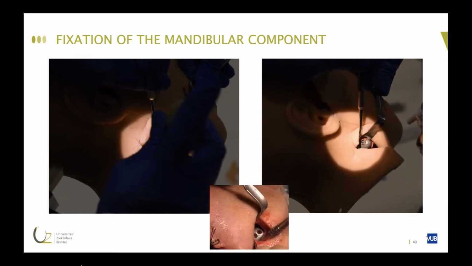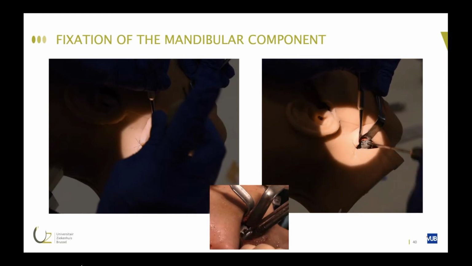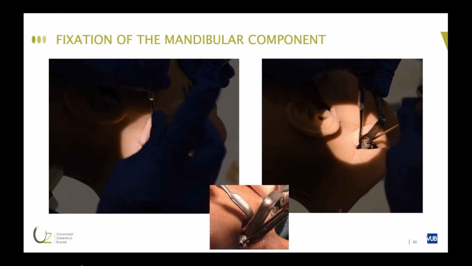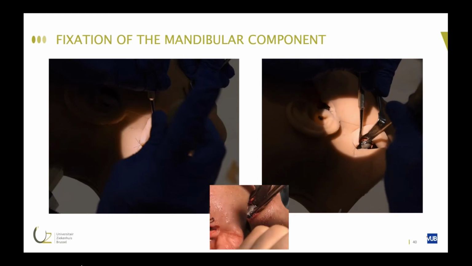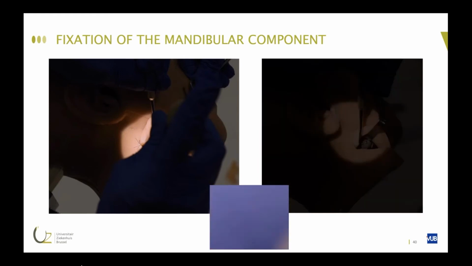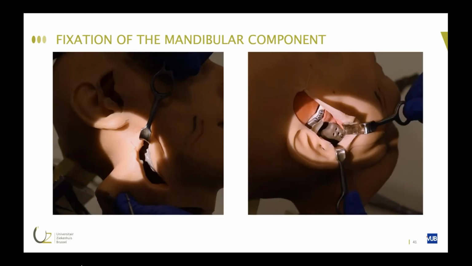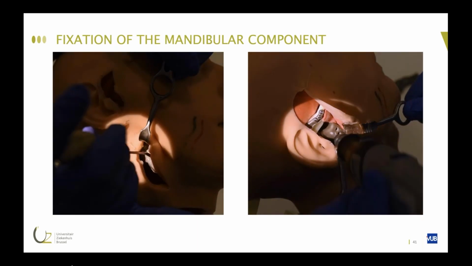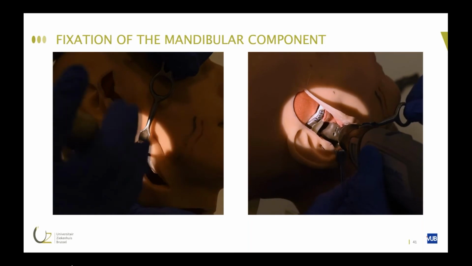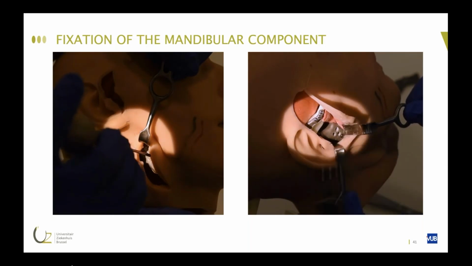So once the mandibular component is on the resection platform, the condyle nicely located within the polyethylene of the fossa, then perform your fixation, from the submandibular approach, but also from the temporal axis.